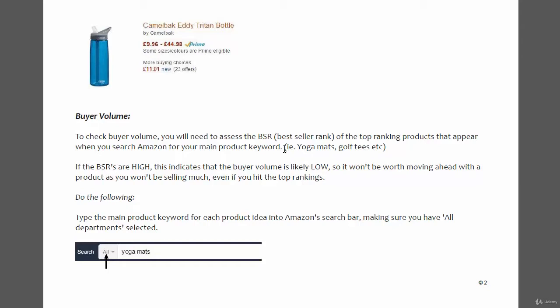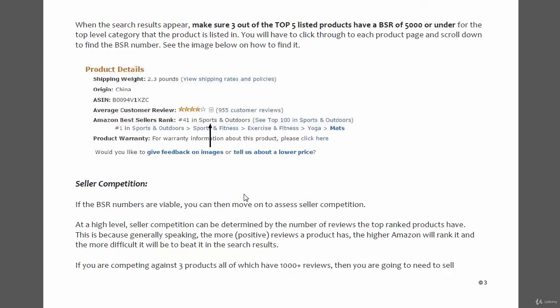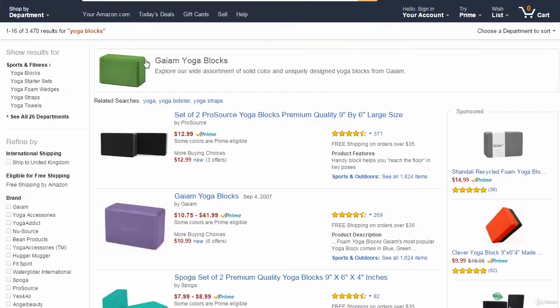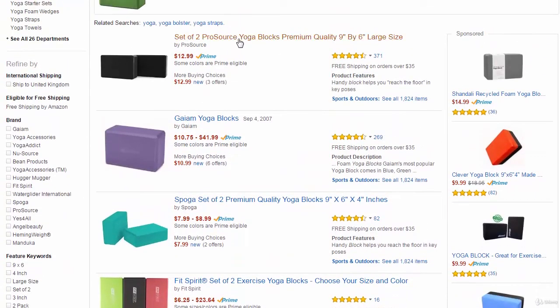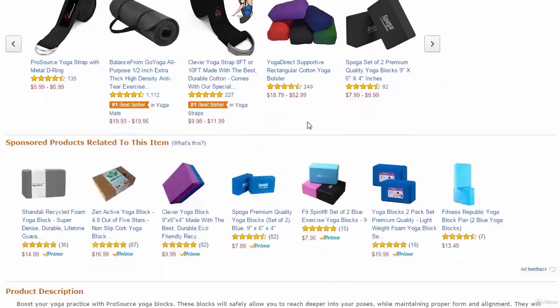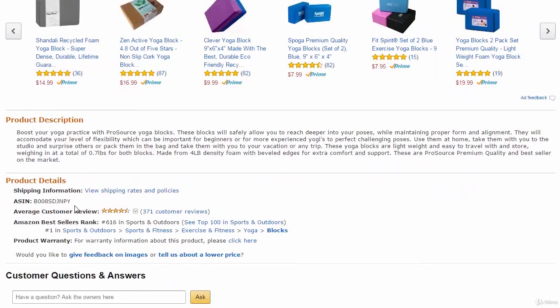So in order to find the BSRs, we need to go to Amazon, type in the main product keyword, and go to the first 5 products. In this instance I've typed in yoga blocks as an example, and what I will need to do is go through all of these products, scroll down, go to product details, and you can see the Amazon bestseller rank here.